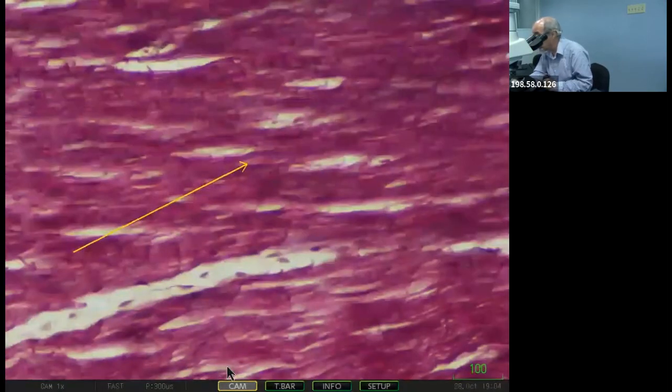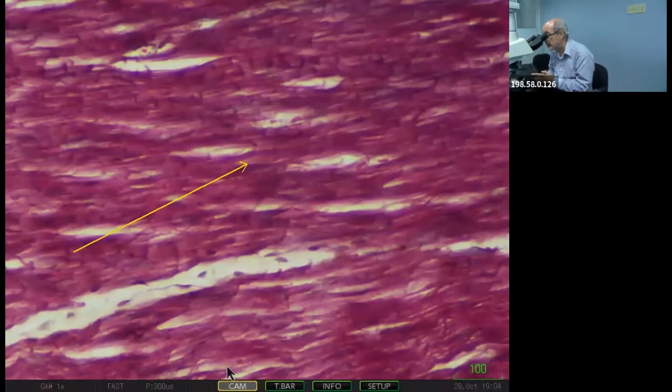Okay? So for muscle tissue, you have to remember the three types and their characteristics. Your skeletal muscle fibers are elongated and multinucleated. The contraction is strong, quick, discontinuous, and voluntary. For your cardiac muscle, you recognize it by few nuclei.